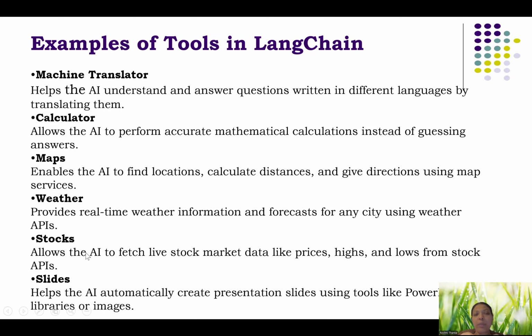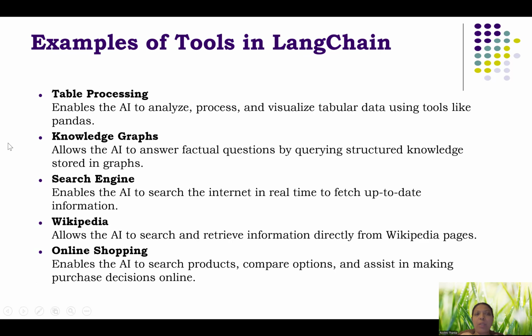Then we can use another tool called slides, which helps us automatically create presentation slides for a particular topic. So these are some of the tools. The next one is table processing. This enables the AI to analyze, process, and visualize data in a tabular format, like pandas.